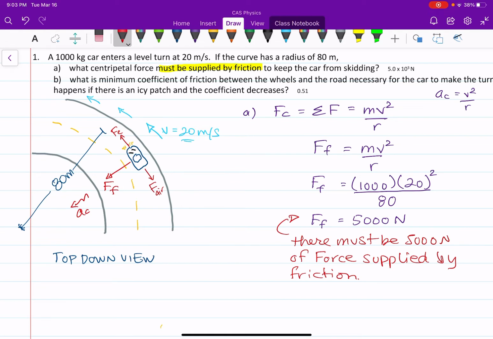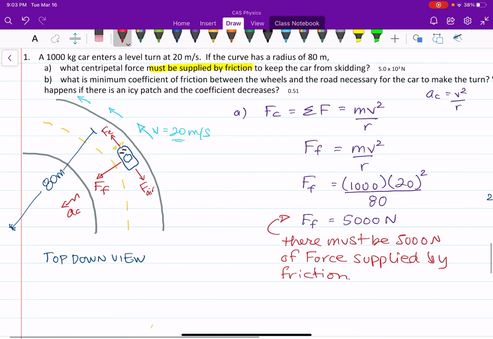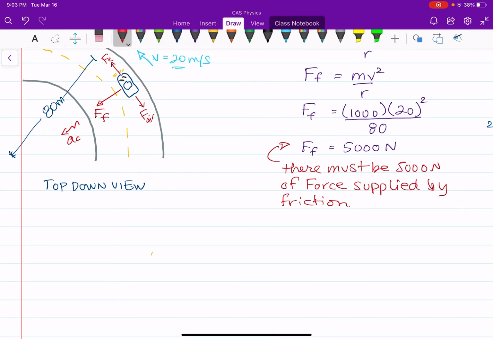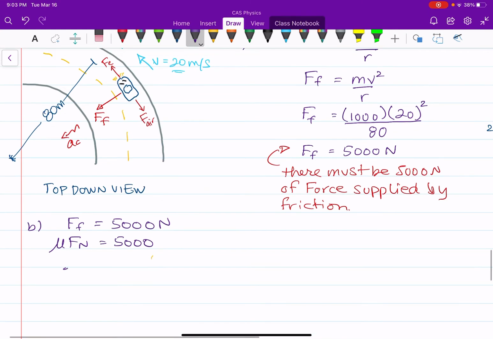Part B says, what minimum coefficient of friction between the wheels and the road is necessary for this turn to happen? In this case, for part B, we know that the force of friction has to equal 5,000 newtons. But friction is just mu F_n, and that has to be 5,000. So we're going to calculate mu: mu equals 5,000 divided by F_n.